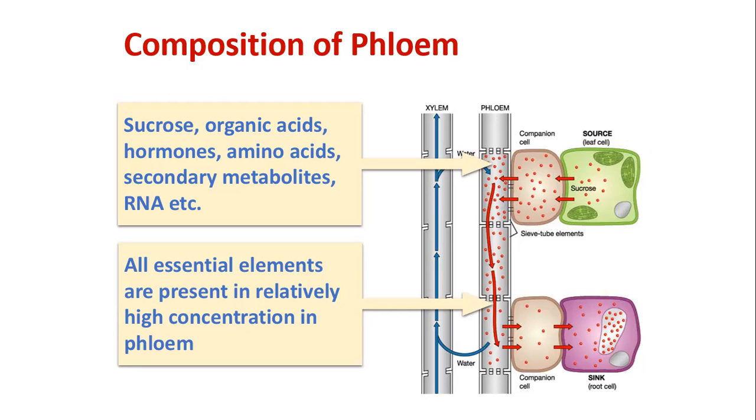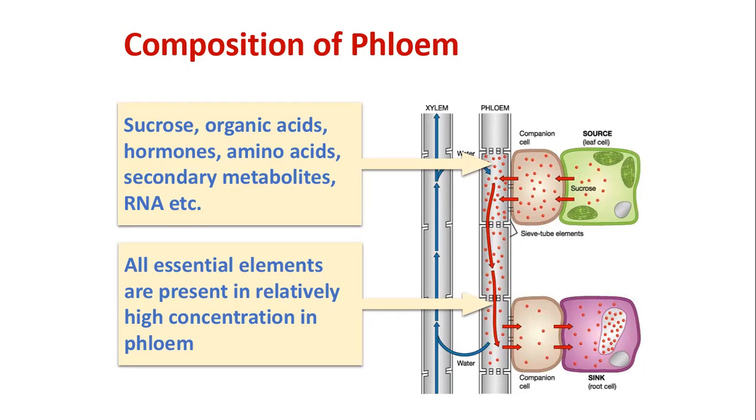Phloem also has many inorganic ions, because most of the ions are mobile and are recirculated in the phloem.